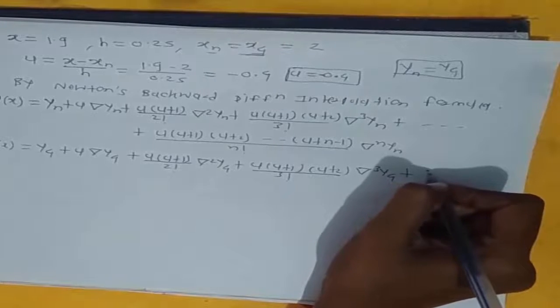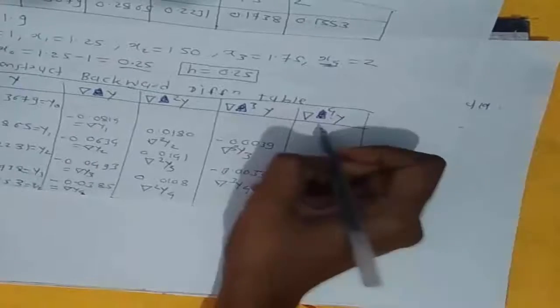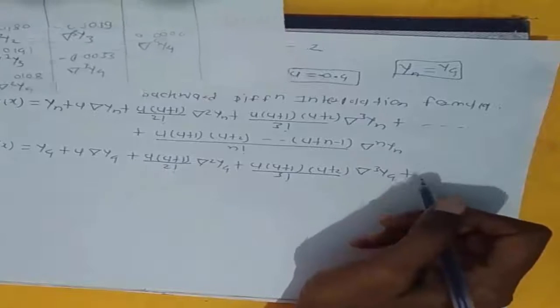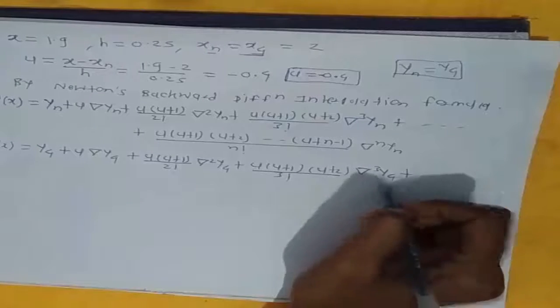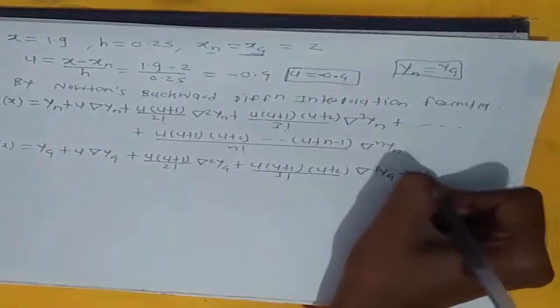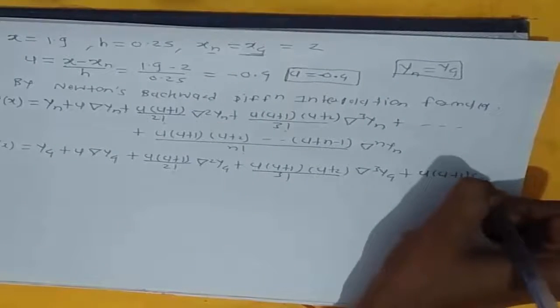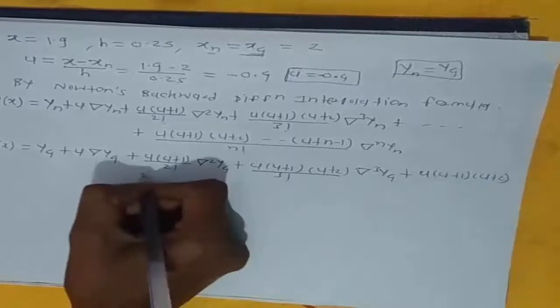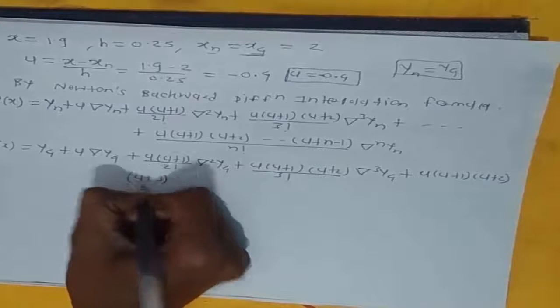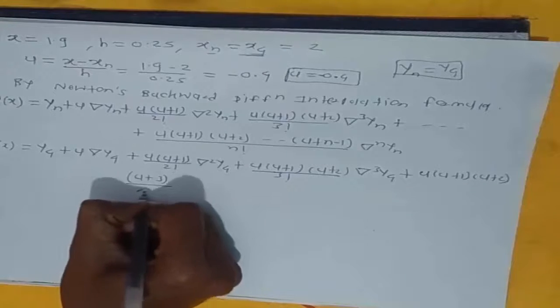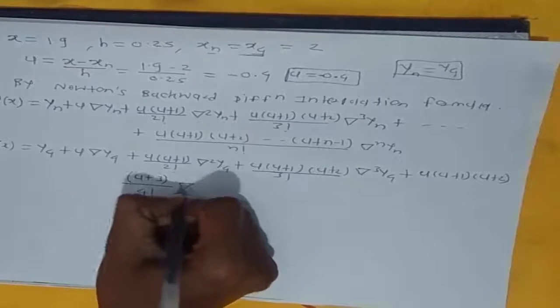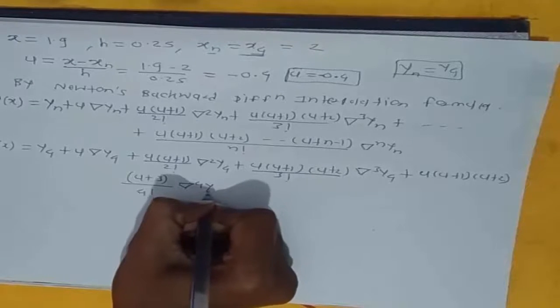Here we only have up to fourth order backward differences, so we write the formula only up to the next term: u into u plus 1 into u plus 2 into u plus 3 divided by 4 factorial into del raised to 4 y4.